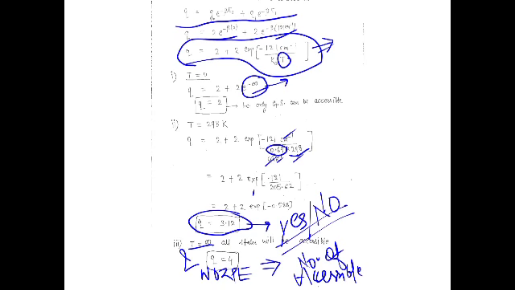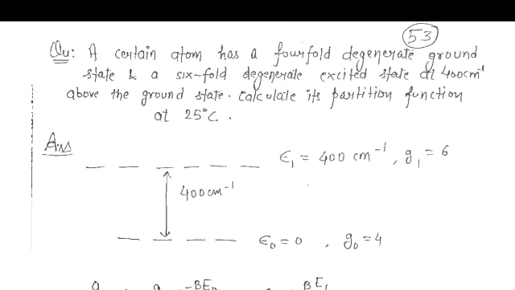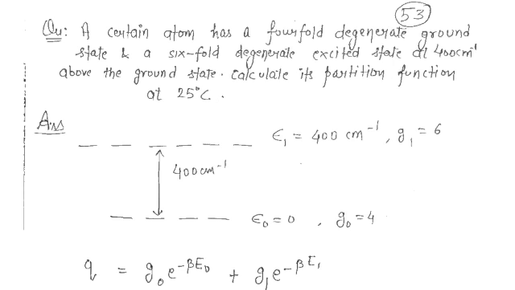Alright, now the last question for the electronic partition function. Here again I request you to read the question twice. What the question is saying is that a certain atom has a 4-fold degenerate ground state.